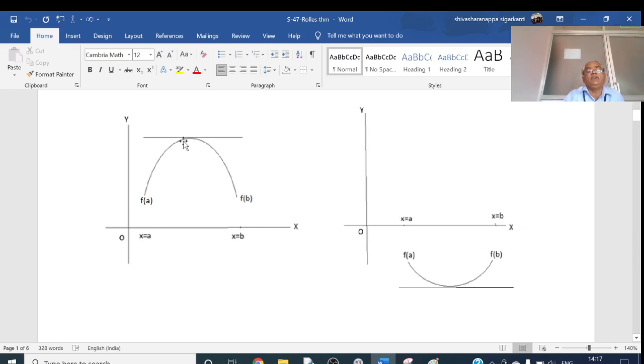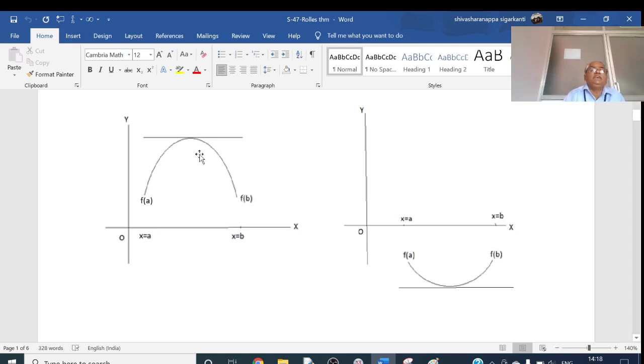This is the curve f(x). The curve is continuous from a to b, and the curve is differentiable, that is, the curve is a smooth curve. And here we have f(a) and this is our f(b). So here f(a) is equal to f(b). This function satisfies the conditions of Rolle's theorem.